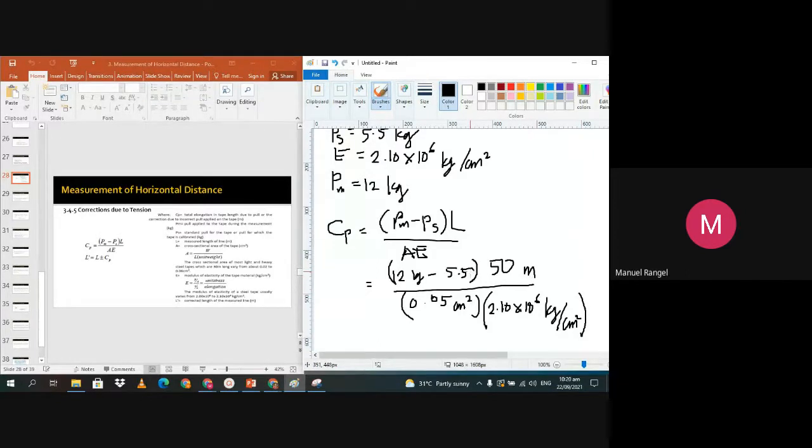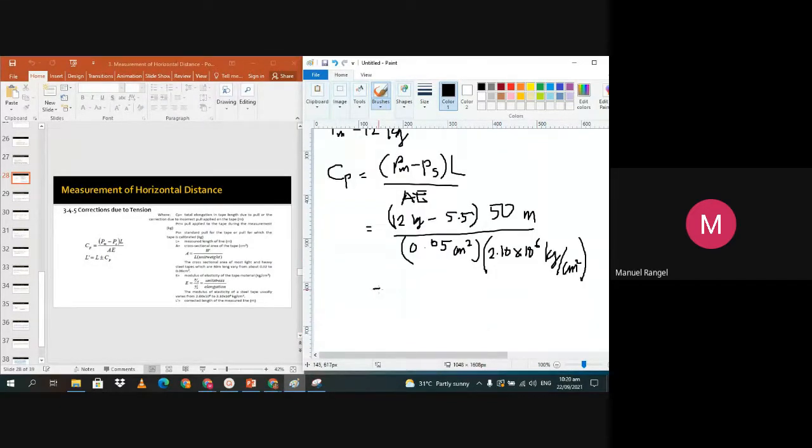So cancel ang cm, kilogram cancel, so mag-gawas na unit is meters. So the value is 12 minus 5.5 times 50, divided by 0.05 times 2.1 times 10 raised to 6.